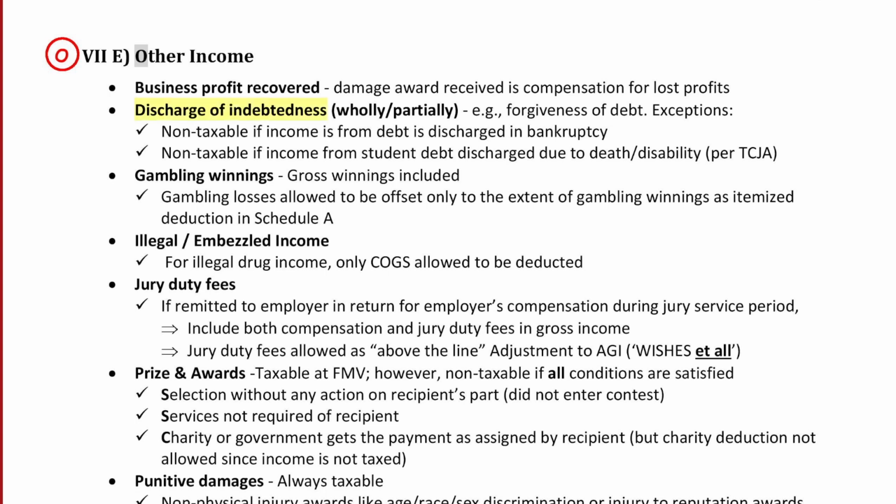Highlight discharge of indebtedness, which means a debt which had been taken by the taxpayer is now being forgiven by the lender. And this one becomes taxable to the taxpayer. However, it is underlined non-taxable if income from student debt discharged due to death or disability.